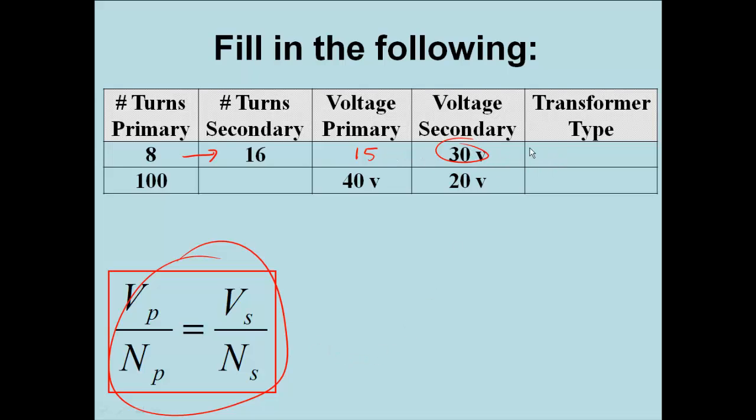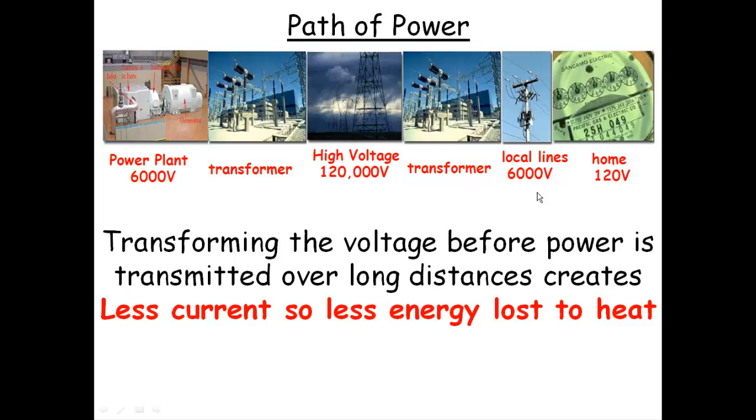Look what happened to our voltage. It increased, so this is what's called a step up transformer. What about the other one? Our voltage decreased. Our voltage was cut in half, so our coils should have been cut in half as well, and this would be, of course, a step down type of transformer.